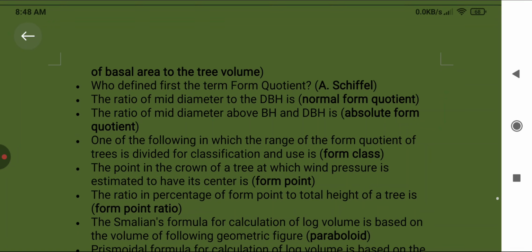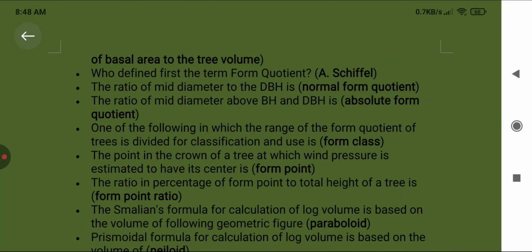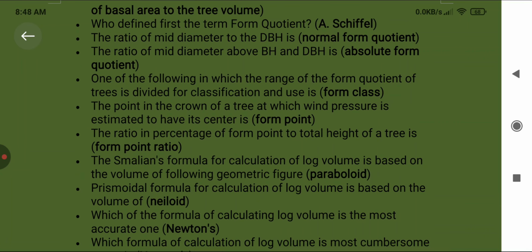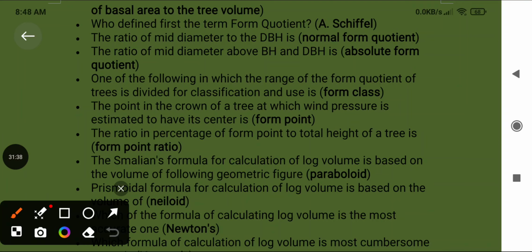Who first defined the term form quotient? Schiffel defined the form quotient. The ratio of mid diameter to mid height is normal form quotient. The ratio of mid diameter and above breast height and tip is absolute form quotient. One of the following, in which the range of the form quotient of trees is divided for classification, is form classes.